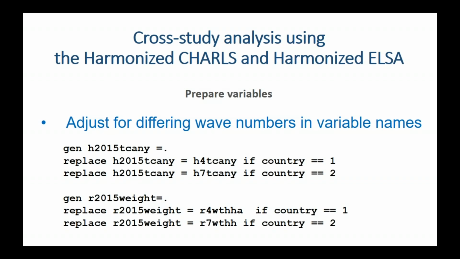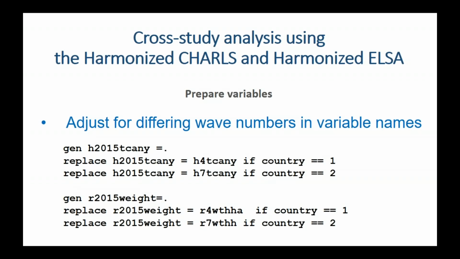In that case, we're going to start using year rather than wave numbering. So we're going to make a variable called H2015 TCANY. And all that we're going to do here is say take the values from H4 TCANY if this person is from the CHARLS survey, and take the values from H7 TCANY if this person is from the ELSA survey.